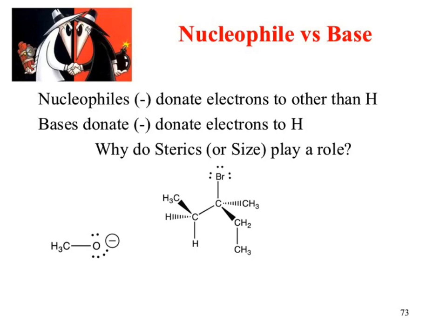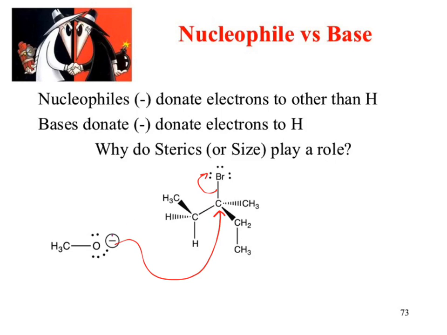So let's take a look at the two here. Or, sorry, this one. What would you expect that negative charge to act as? Okay? It's kind of small. It's just a single atom, right? Okay? It could probably come in and attack there. Kick out the leaving group. Okay?